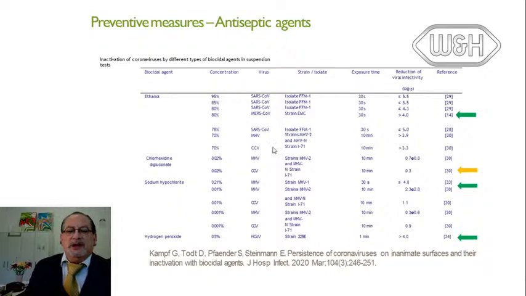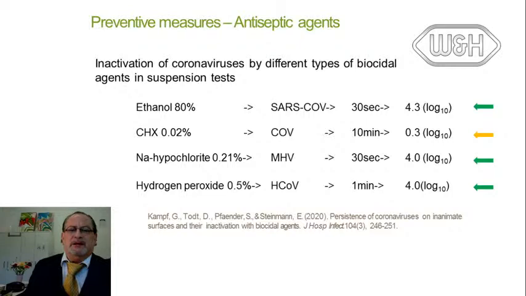too small to look into the detail, I have highlighted the interesting lines, and here we can see that this publication was about inactivation of coronaviruses by different types of biocidal agents in suspension tests. So it's not about rinsing, it's about biocidal agents on surfaces.